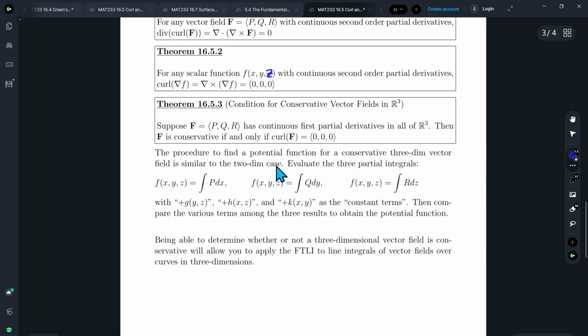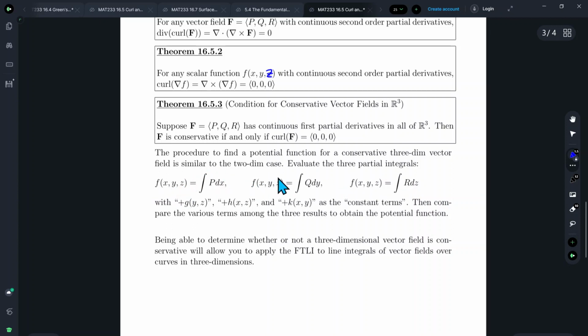To actually find the potential function, the procedure is similar to before, right? So you integrate each of the components with the proper partial integral, right? So integrate p with respect to x, then you integrate q with respect to y, and then you integrate r with respect to z, and all of them are supposed to represent the potential function.